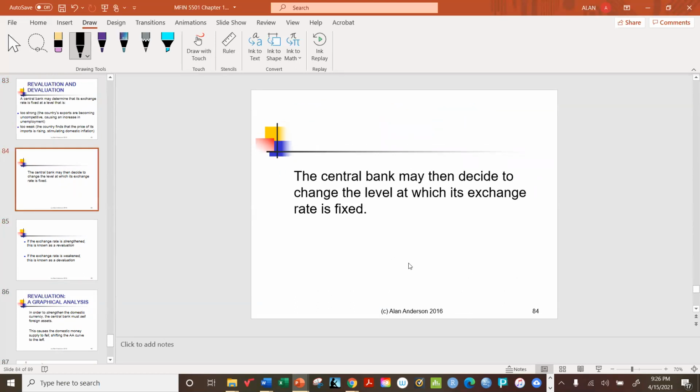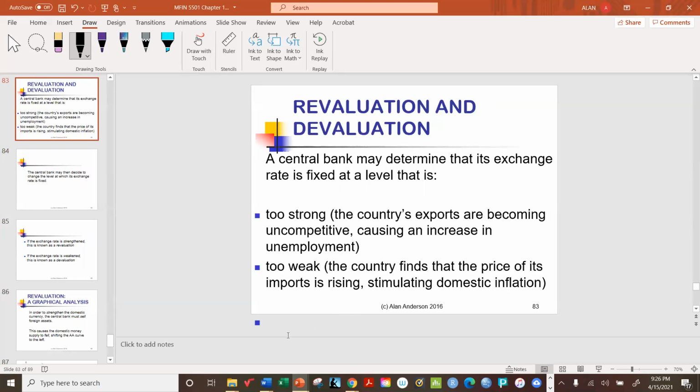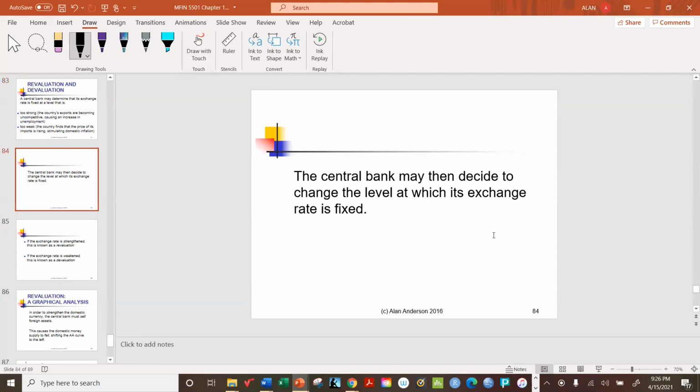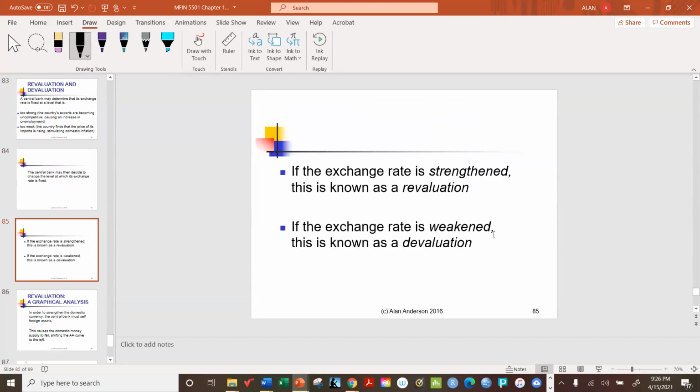So the central bank may decide that maybe they should change the level at which they have the exchange rate fixed. If they decide to strengthen the fixed exchange rate, we call it a revaluation, as opposed to an appreciation, which happens in the foreign exchange markets. This is a conscious policy decision.